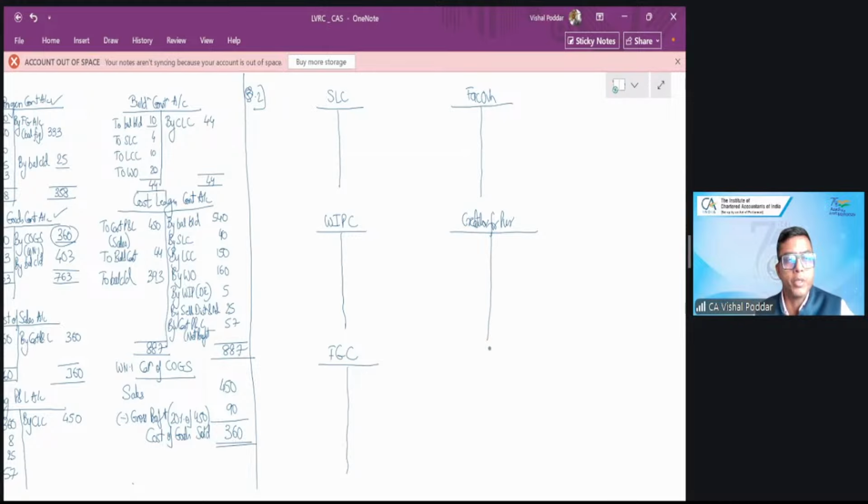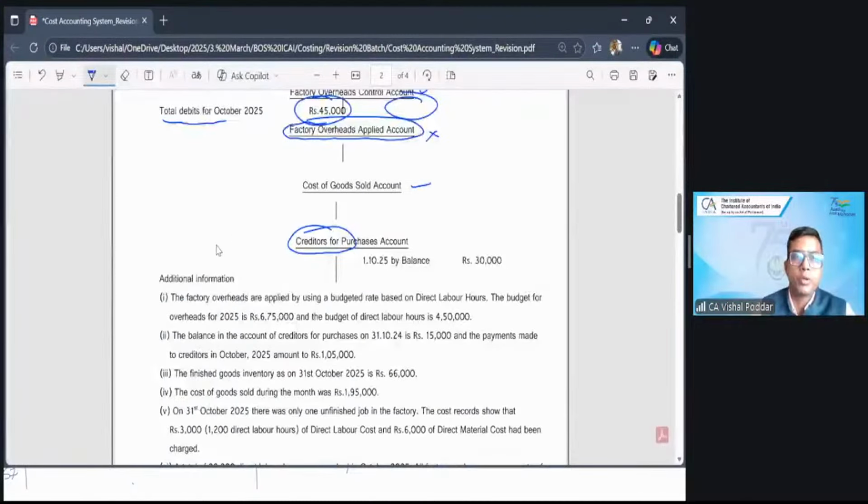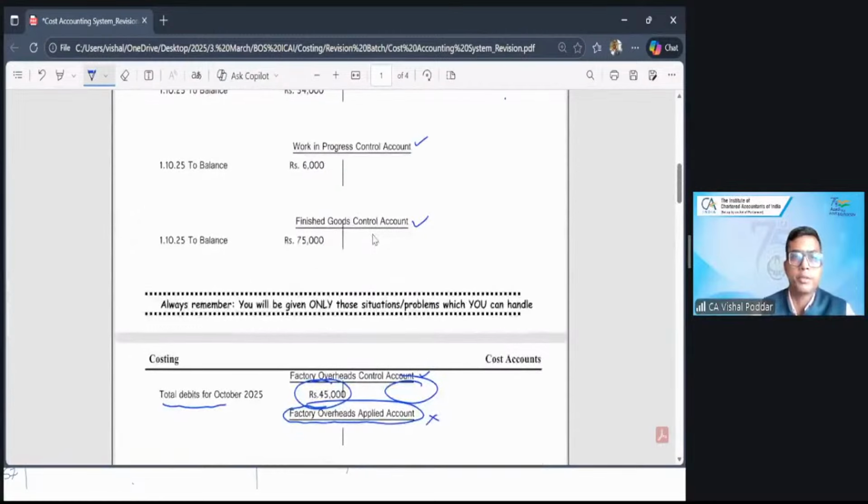And in case any new account is required, we will take it from there. Okay, so let us start. Again, parallelly, I request that you all keep solving at your end. First thing you should do is always post the balances.